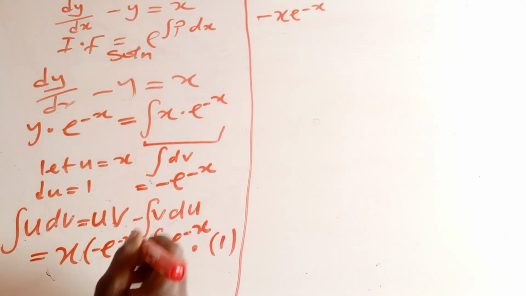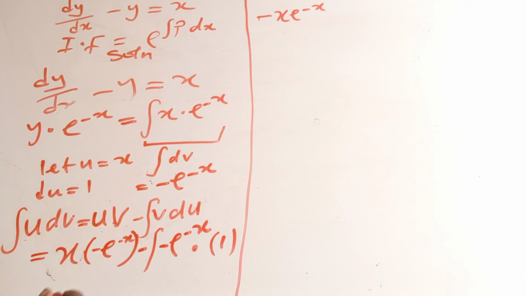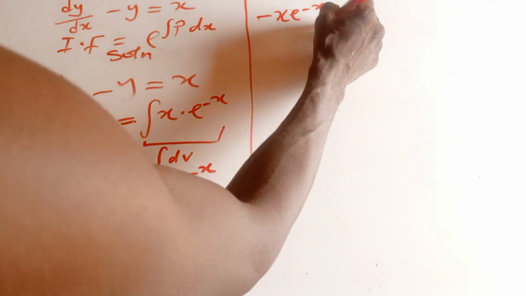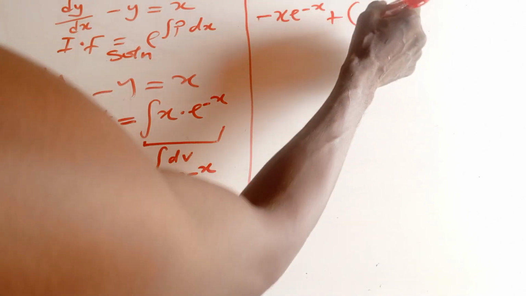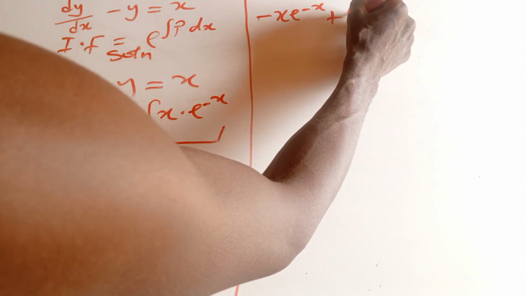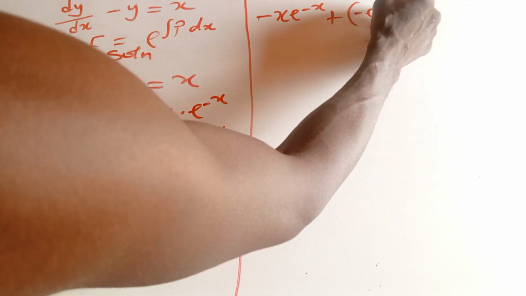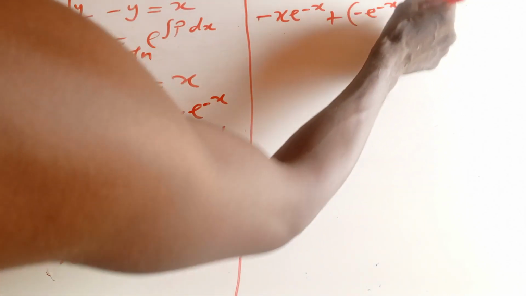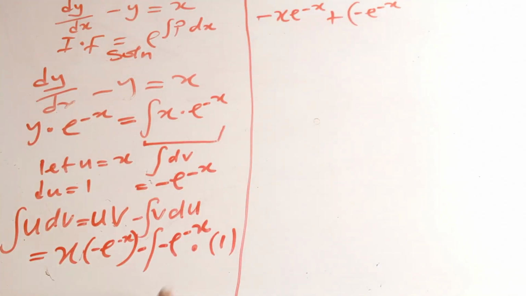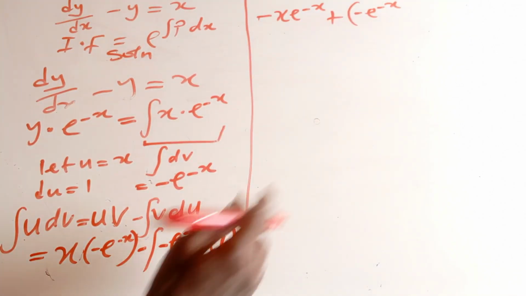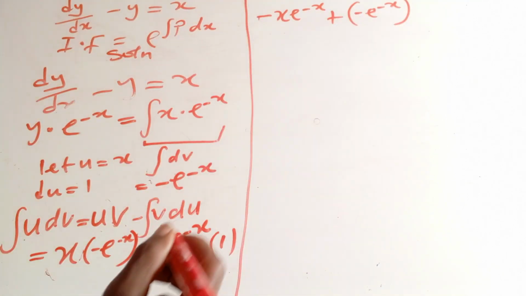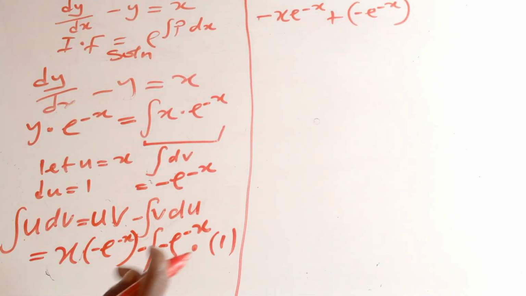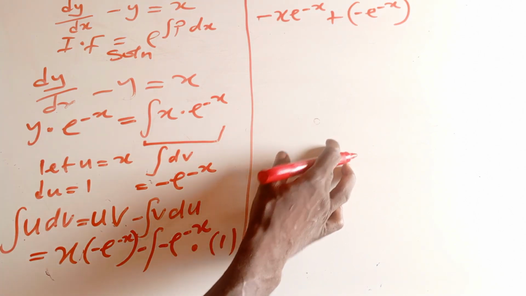Since it is minus times minus, here will be plus, then minus exponential minus x. Since we integrate this, we add plus c.